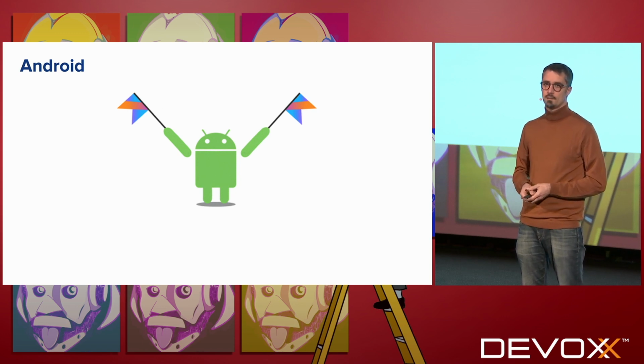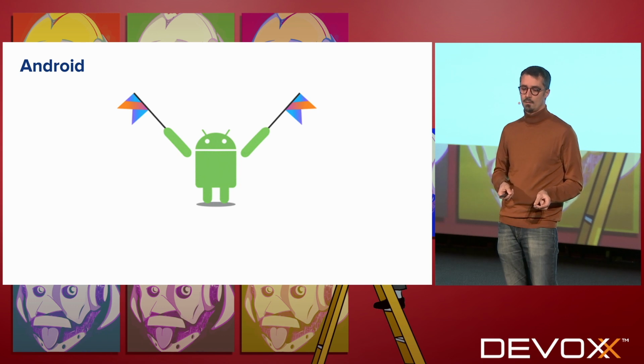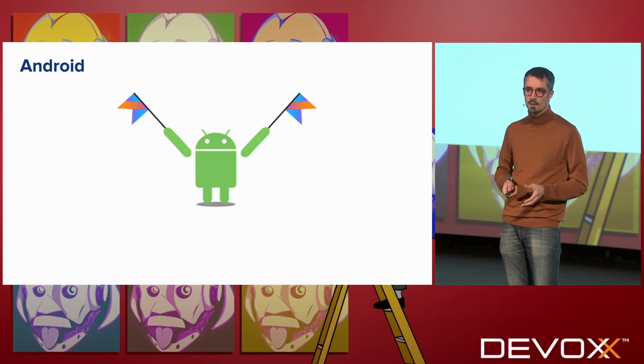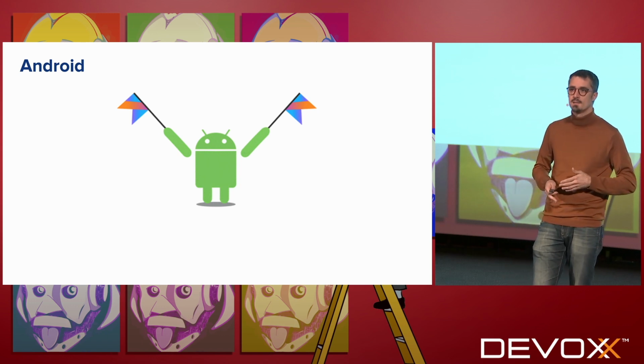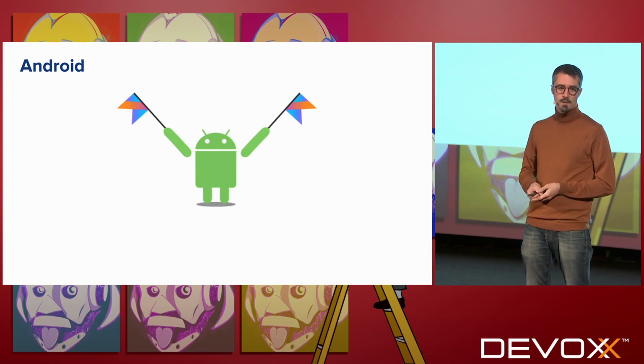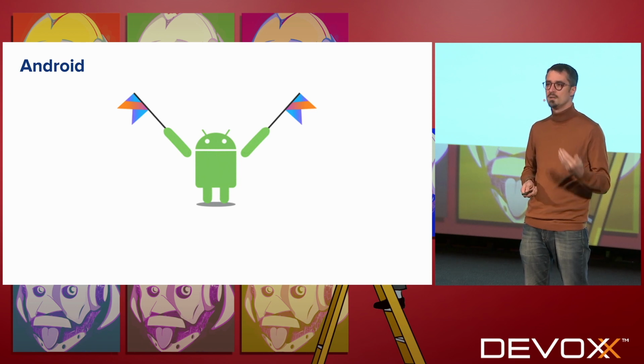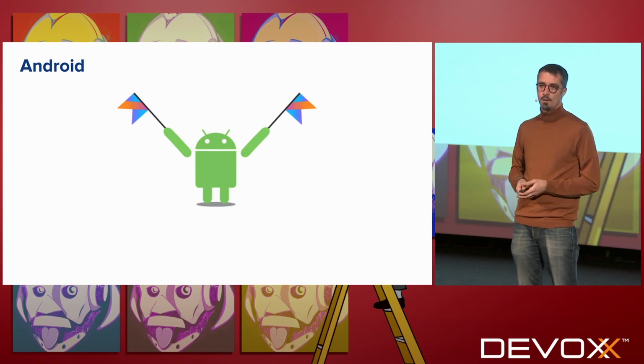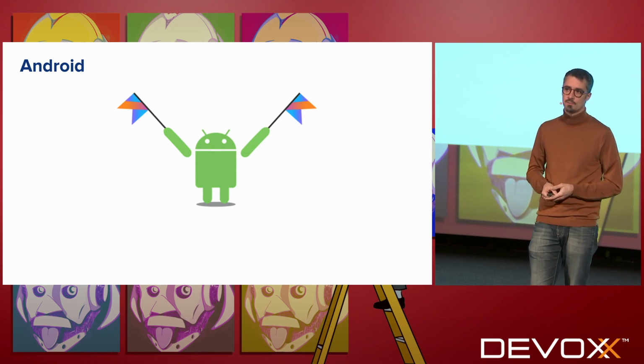On server side, we are still Java first, and we will remain so, I think. I don't think Kotlin, at least short term or middle term, will beat Java. But I think the fact that a huge number of Android developers are learning Kotlin will have an impact on server side as well.